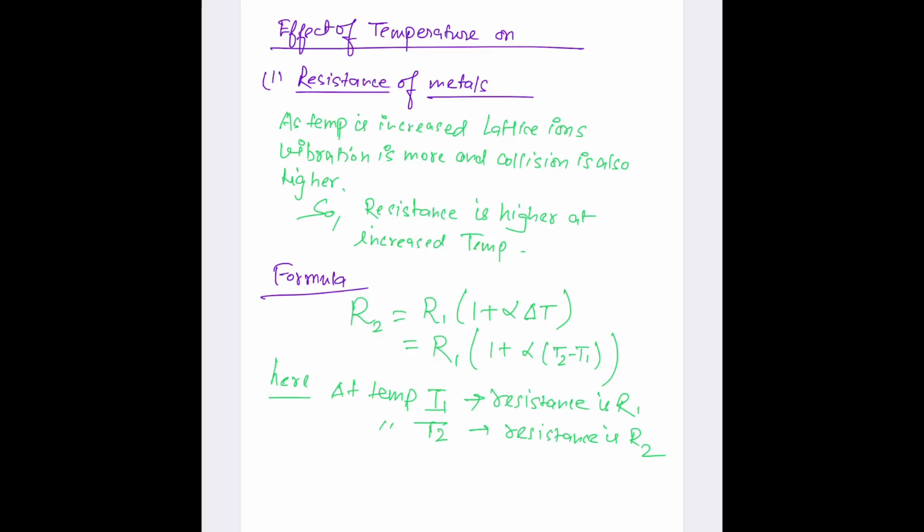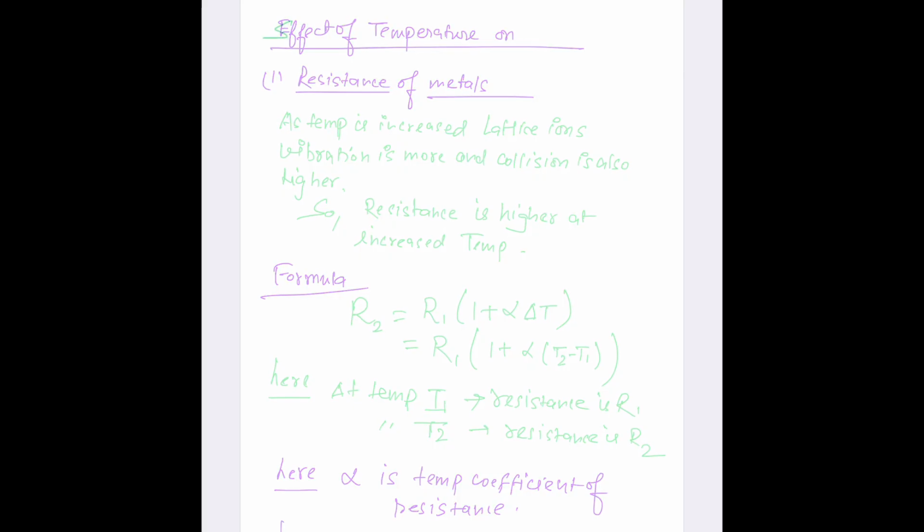Alpha is the coefficient of temperature, which is positive for metals, and the resistance R2 will definitely be greater than R1 since T2 is greater than T1.